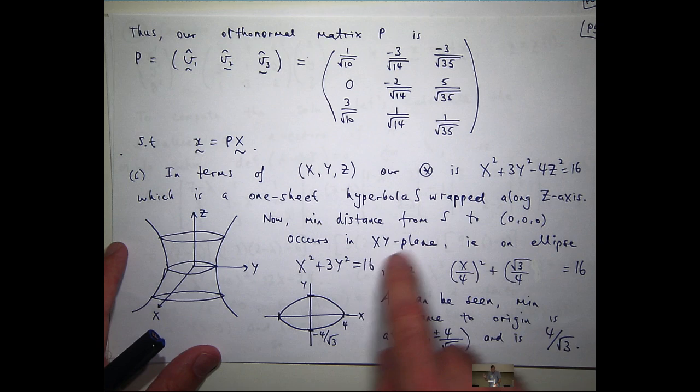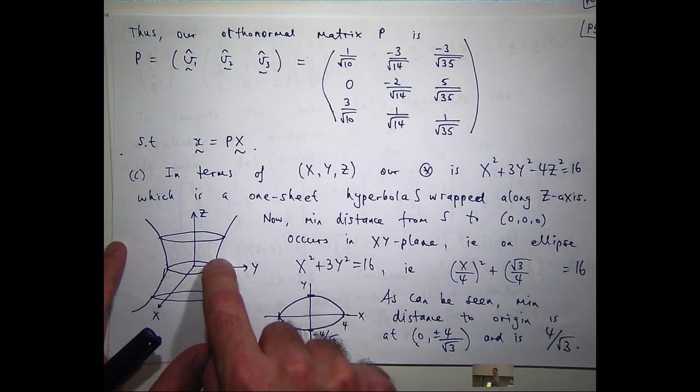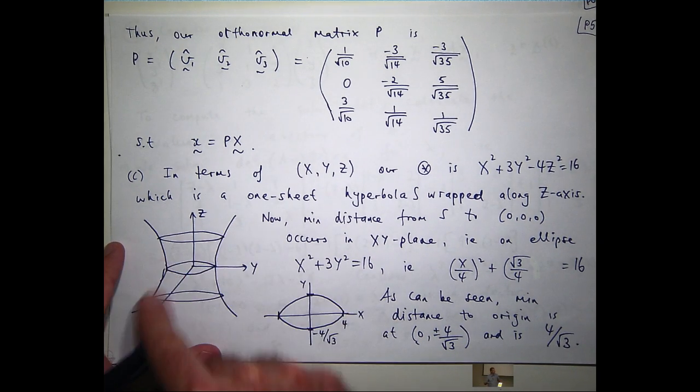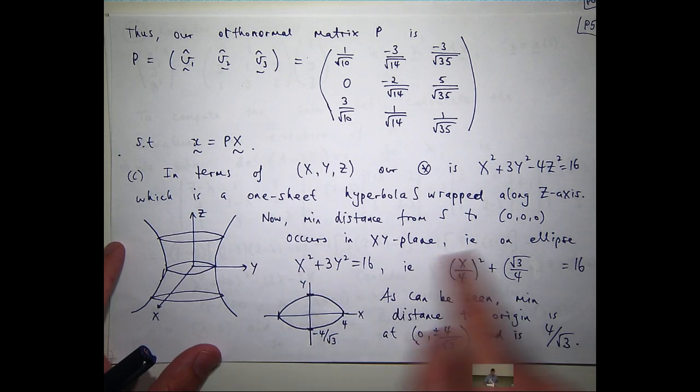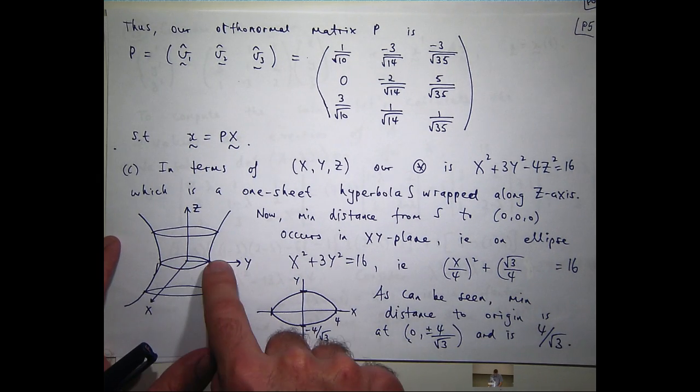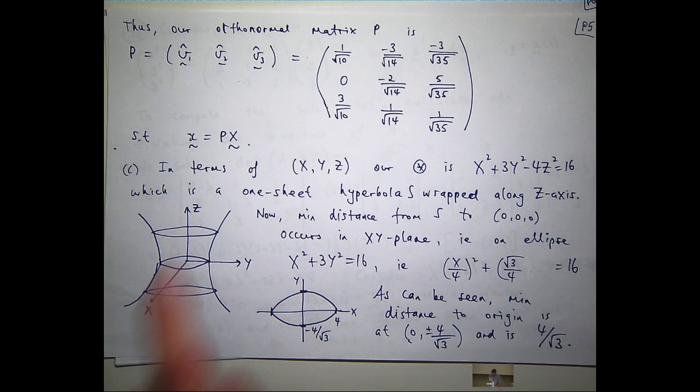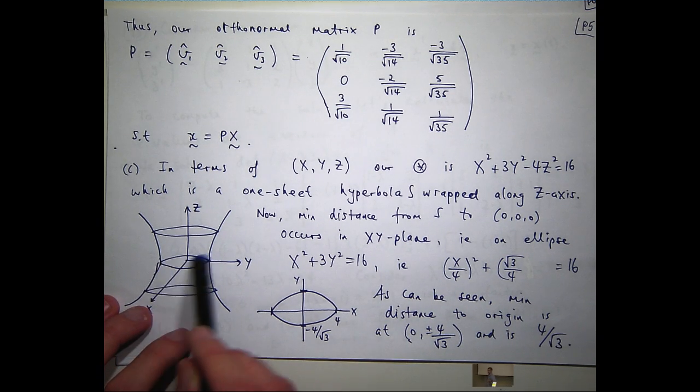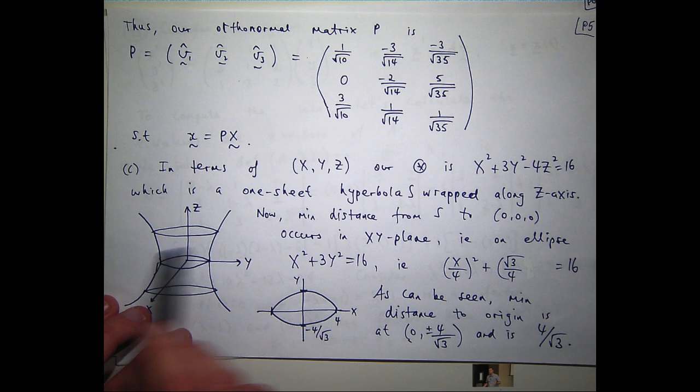The minimum distance to the origin is going to occur, because it's curving in this way on all sides, in the XY plane. That's the smallest distance to the origin, the point which is the closest to the origin.